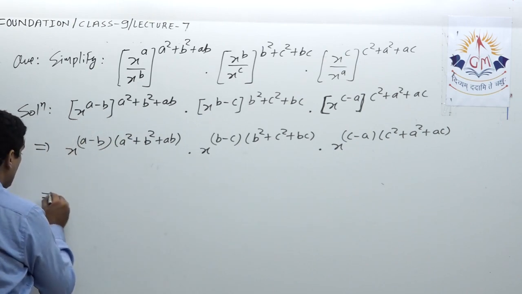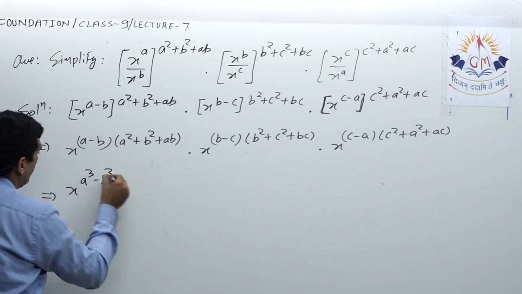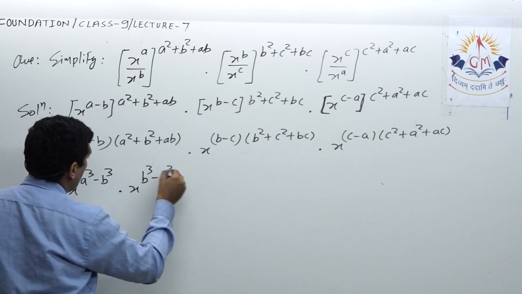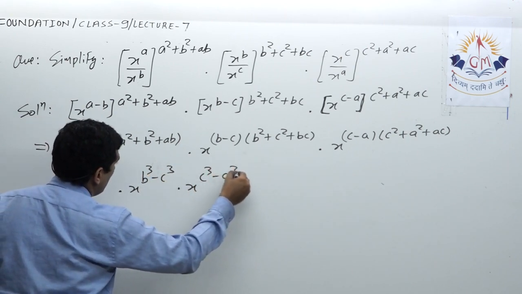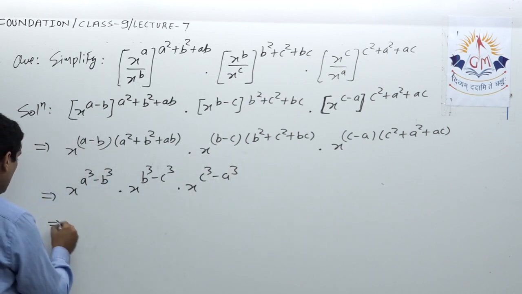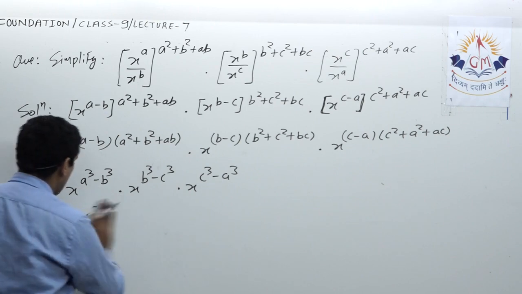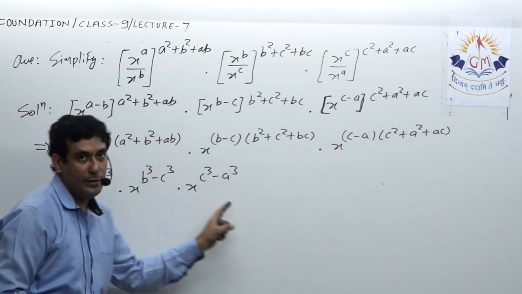So here x raised to (a cube minus b cube) into x raised to (b cube minus c cube) into x raised to (c cube minus a cube). Now here the bases are the same, so I can add the powers.